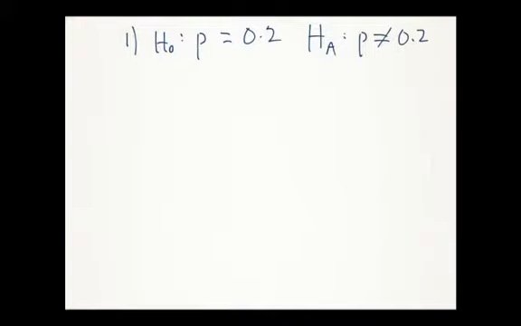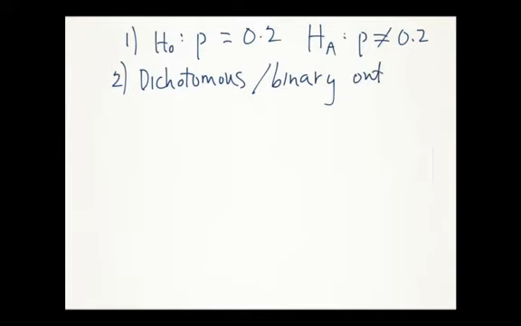Okay, and then in step 2 we want to say the kind of data that we're working with. Well, it turns out we have a dichotomous or binary outcome from a single sample. They mean the same thing, dichotomous or binary. Okay, and later in this lecture we'll move on to 2 sample, just like we did before, but for now we're just dealing with a single sample.